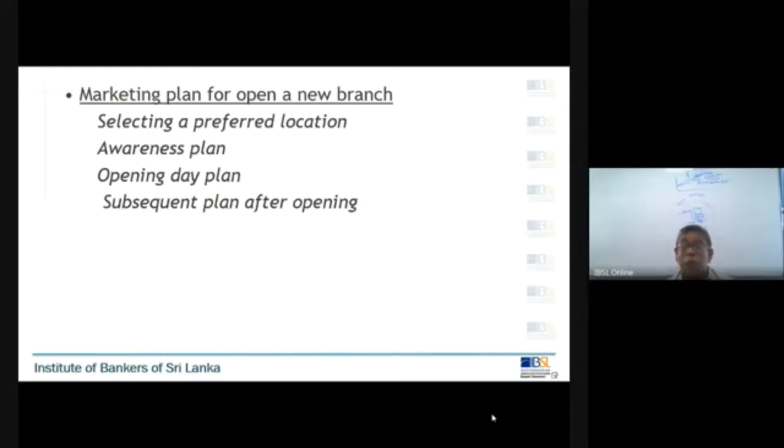Of course, you need to find a suitable location with access to your customers. You may have parking facilities, and you may look at other buildings located there, like the AG office, maybe other banks. Some people think that a location with more other banks is not good.